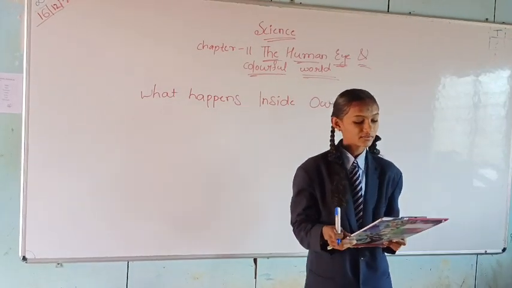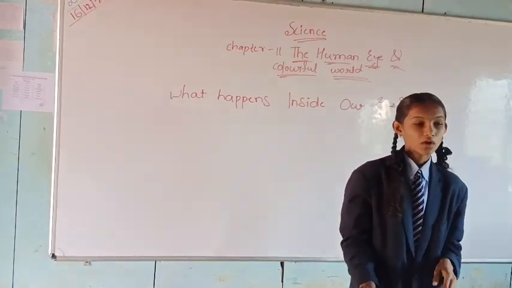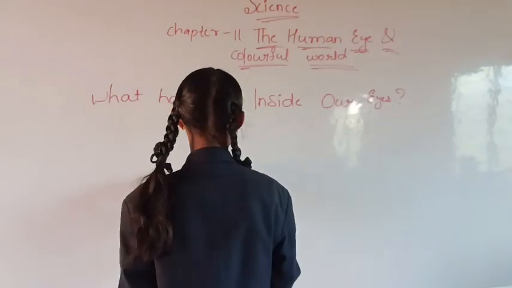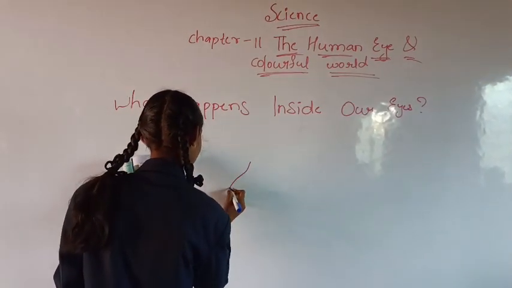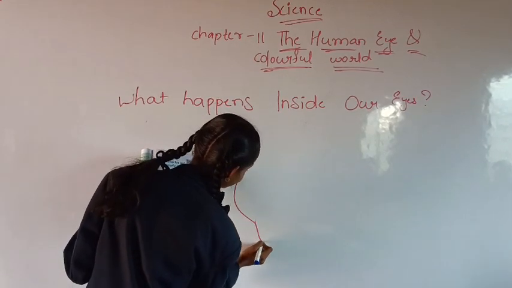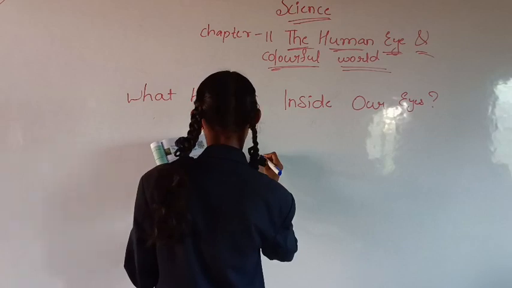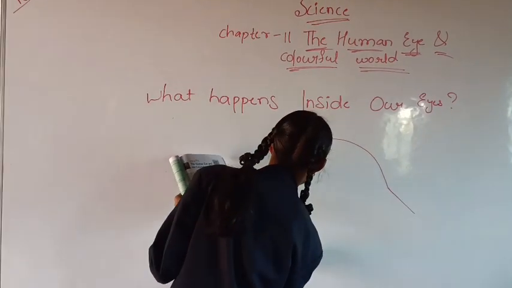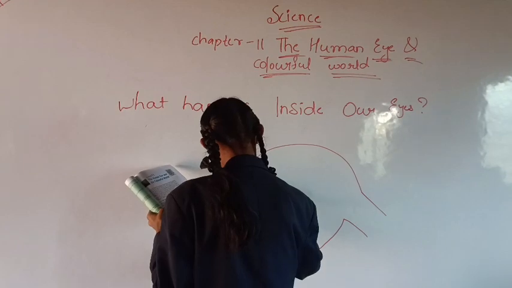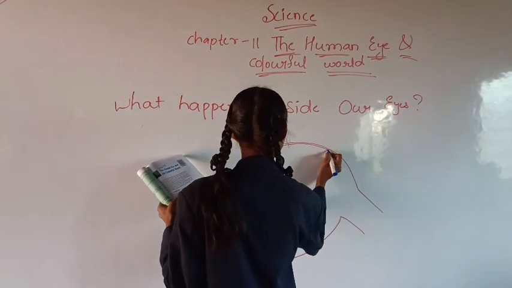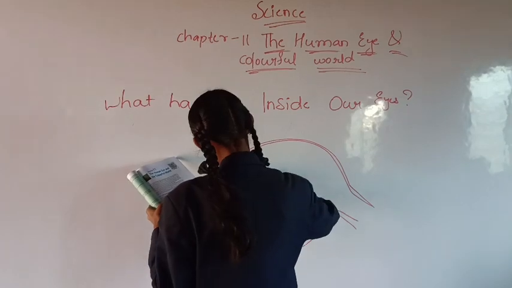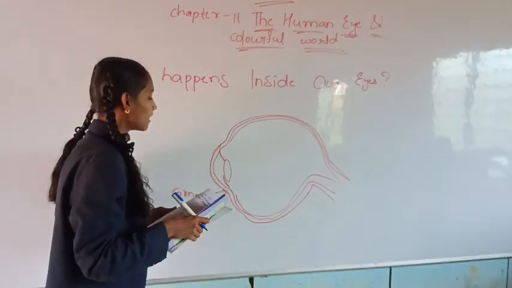Cornea is the clear outer surface of the eye. It acts as a camera lens. It is the outermost part of our eye.